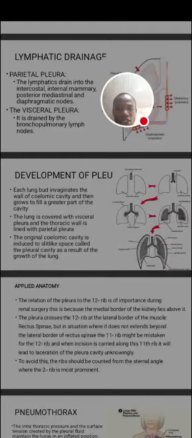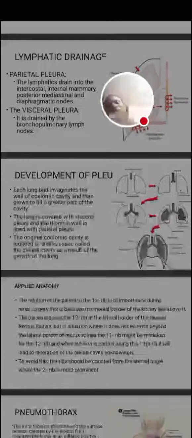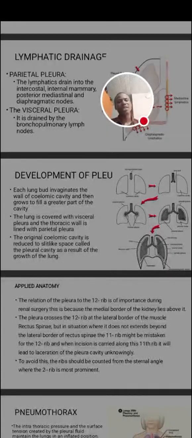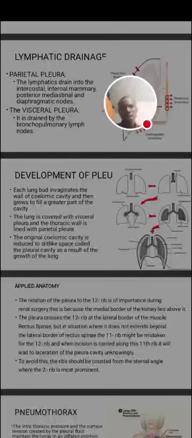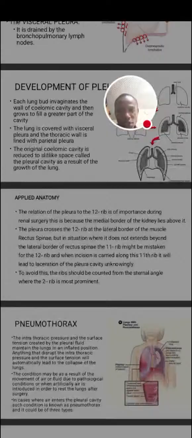The original coelomic cavity is reduced to a slit-like space called the pleural cavity. Okay, it's a result of growth of the lungs. That's why you say the pleural cavity is the region enclosed by the lungs and the pleura.